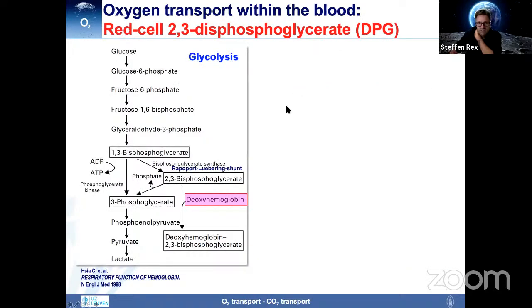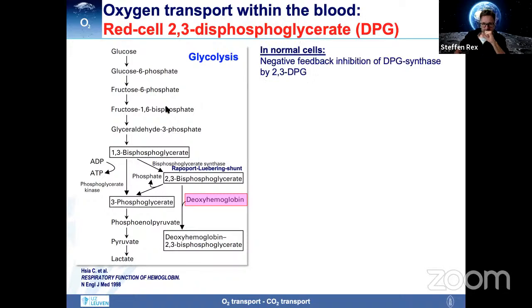So this is this famous 2.3 diphosphoglycerate, DPG. You all know that the erythrocytes do not have mitochondria. So the erythrocytes do not have mitochondria. That means they are dependent upon anaerobic glycolysis. And normally there is a side way of this glycolysis, the so-called Rapoport-Luebering shunt, where 2.3 DPG is produced.